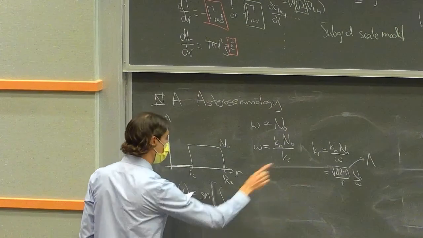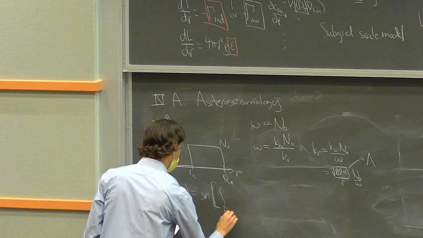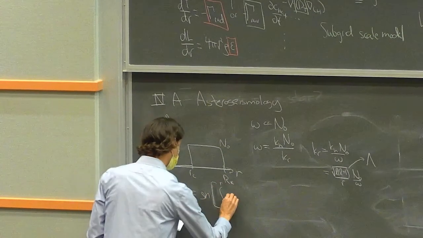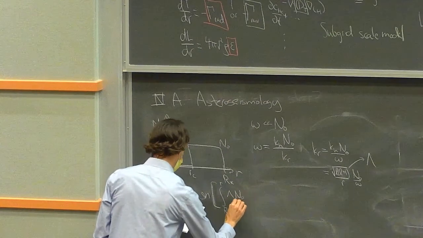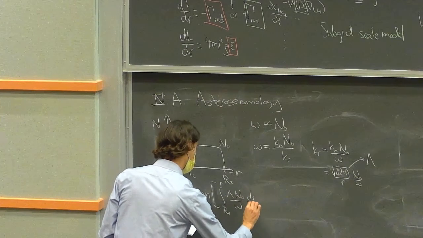We're just going to be integrating k_r with respect to radius. We're going to integrate from the surface down to a radius r. And then the wave number is lambda N naught over omega, and then we've got dr over r.